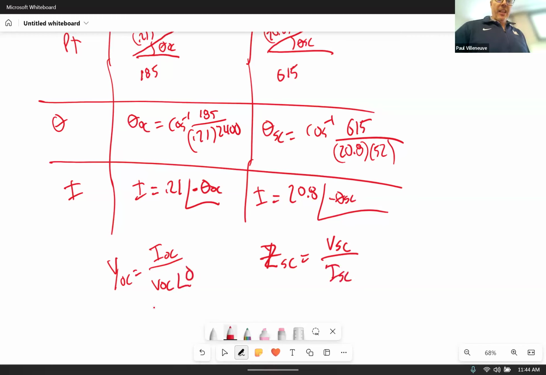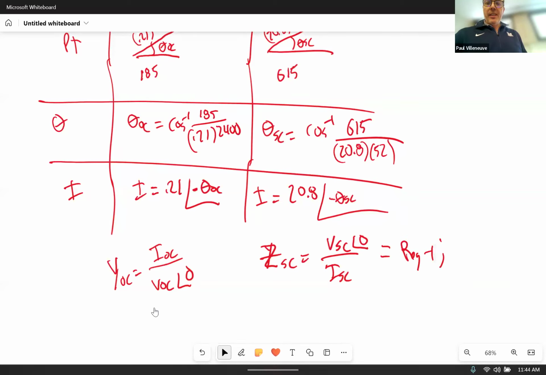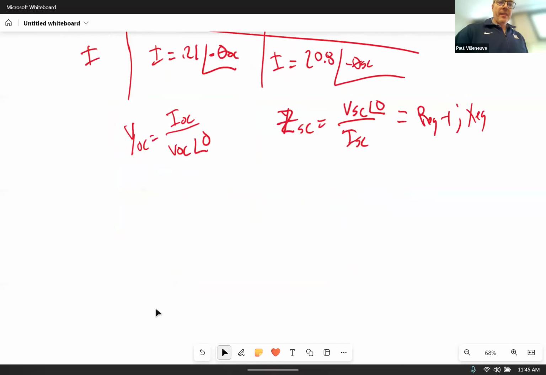Don't forget this has an angle of 0. This has an angle of 0. I've already defined those. And this one here is equal to R equivalent plus jX equivalent. And this one here is equal to 1 over R sub C minus 1 over jX sub M.